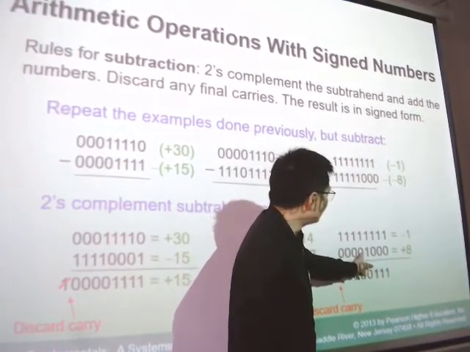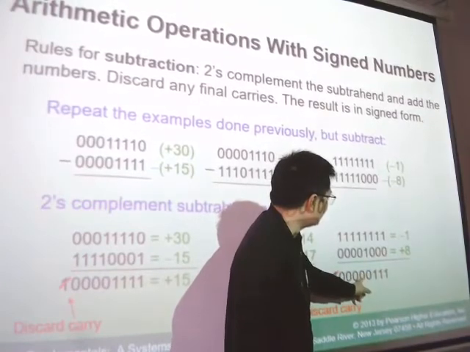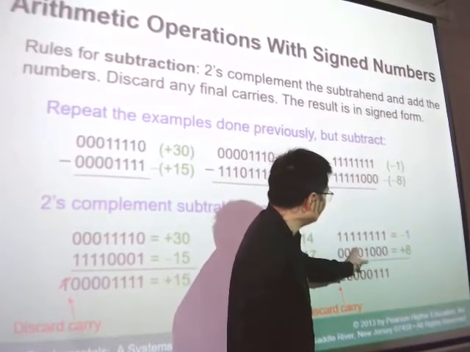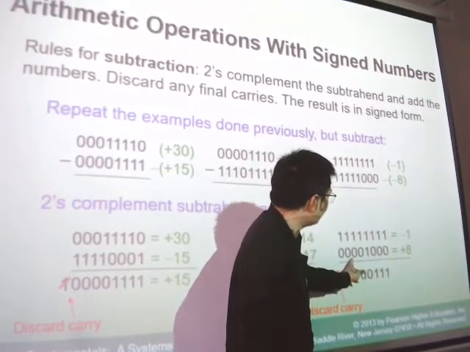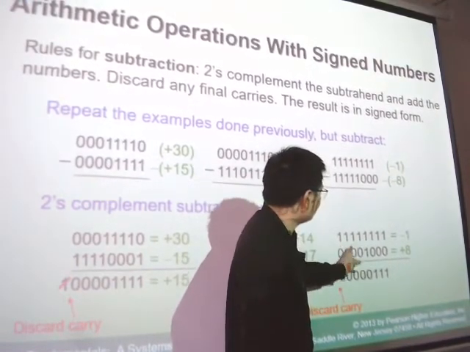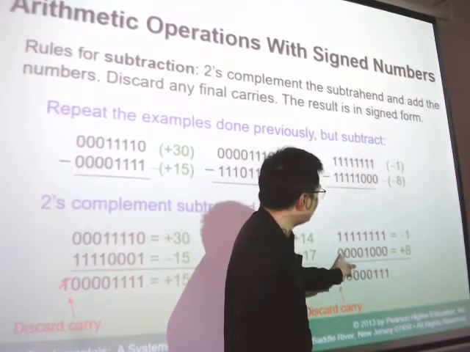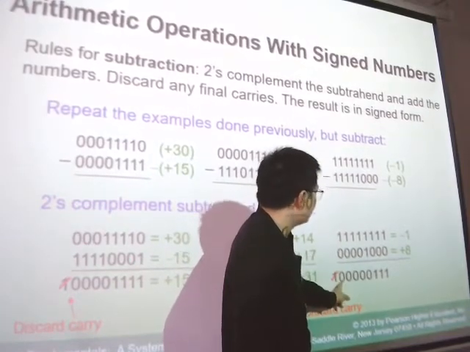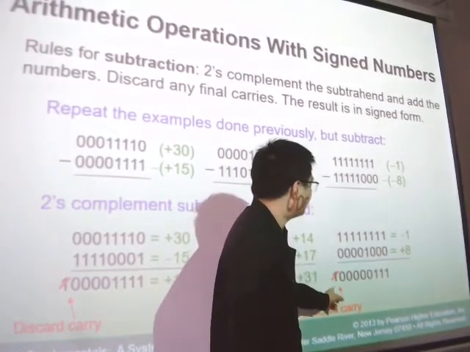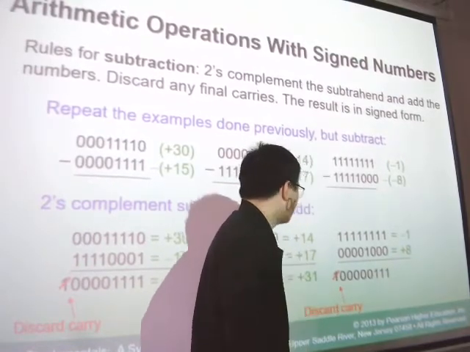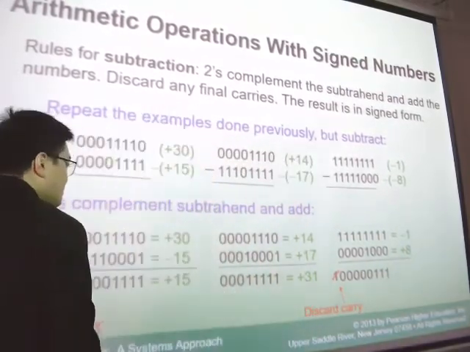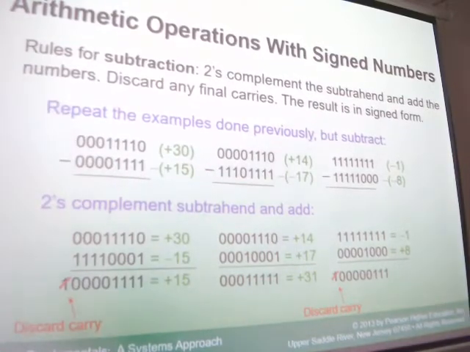So 1 plus 0 plus 1 is 0, carry is 1. 1 plus 1 plus 0 is 0, carry is 1. 1 plus 0 plus 1, sum is 0 and the carry is 1. 1 plus 0 plus 1, sum is 0 and the carry is 1. This final carry is discarded. So the result is 0, 0, 0, 0, 1, 1, 1. So the result is 7.